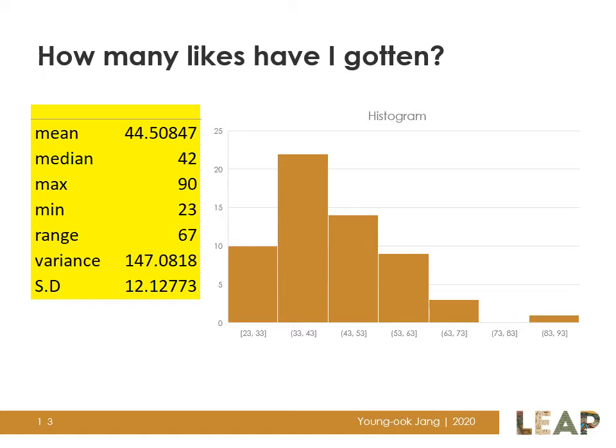The far right interval is from 83 to 93, which contains the maximum, the posting that got the most likes, and it has just one frequency. This is the outlier. So the distribution of the likes variable is skewed to the right. This is important when you interpret or design an experiment and its results, okay?